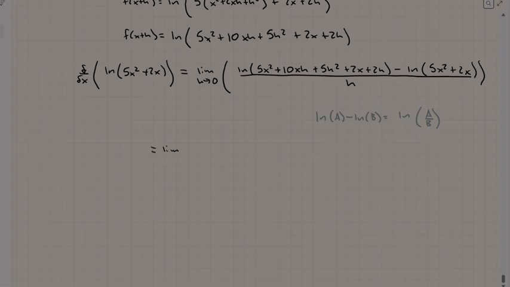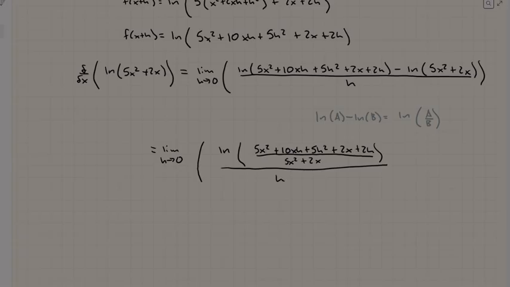So then this turns into the limit as h approaches 0 of ln of 5x squared plus 10xh plus 5h squared plus 2x plus 2h divided by 5x squared plus 2x. And that is divided over h.